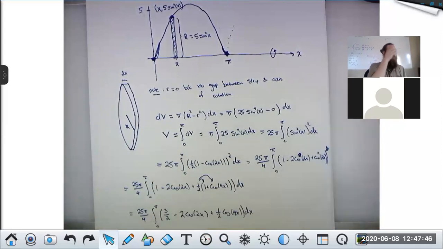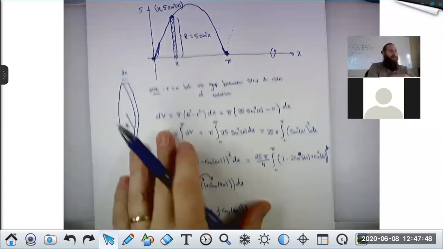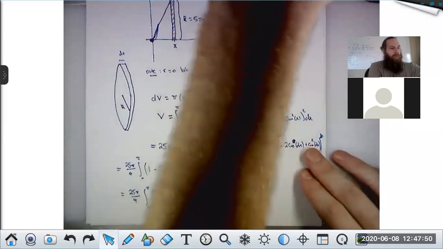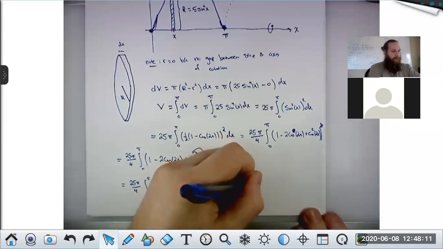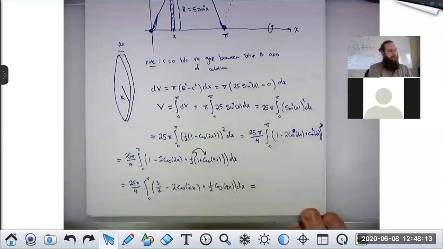And just like in the problem we did a second ago, the only contribution is going to come from the constant term, because here I'll have sine 2x evaluated from 0 to pi, which gives me 0. Here I'll integrate to a sine 4x in between these limits. That's also 0. So I will jump to the result and let you fill in any missing bits.